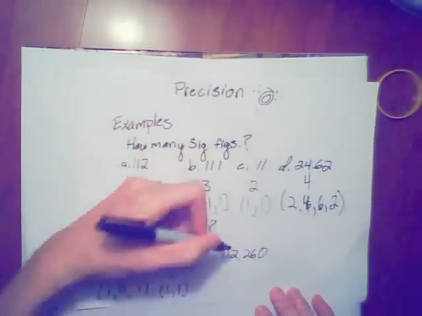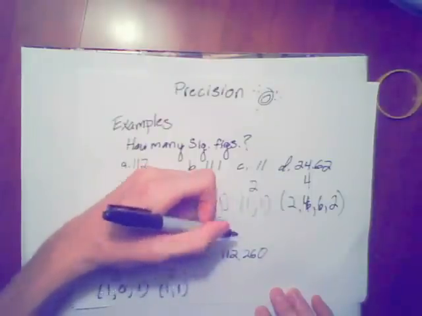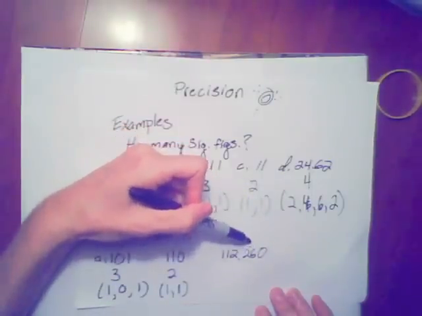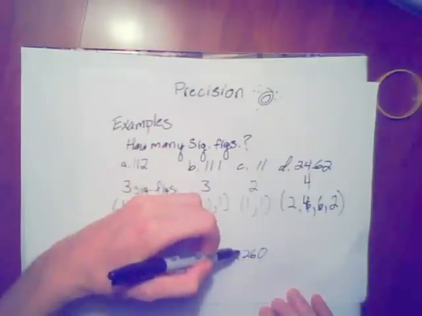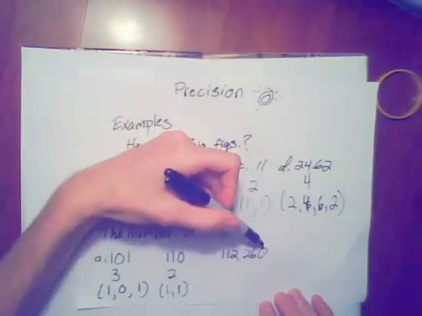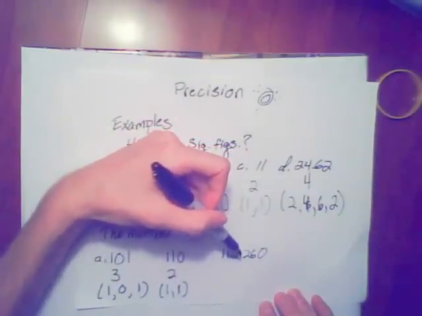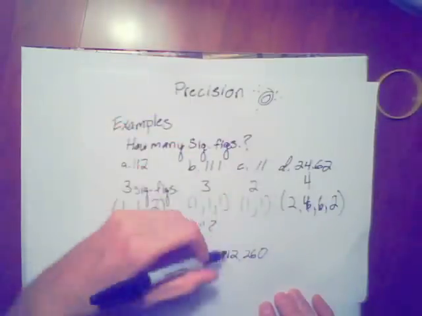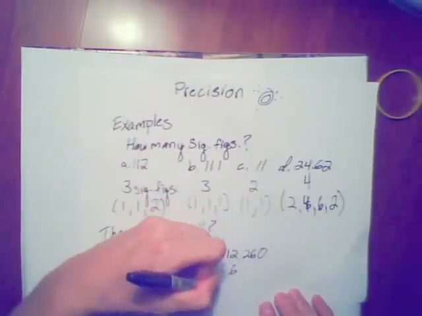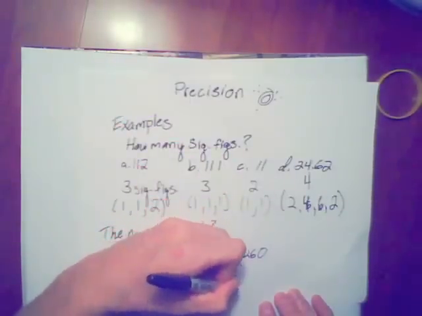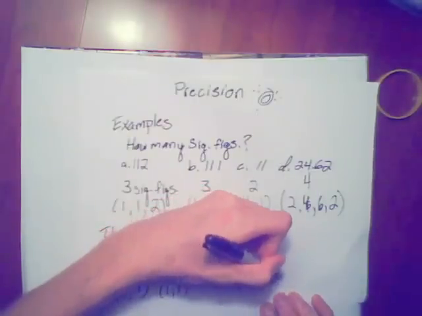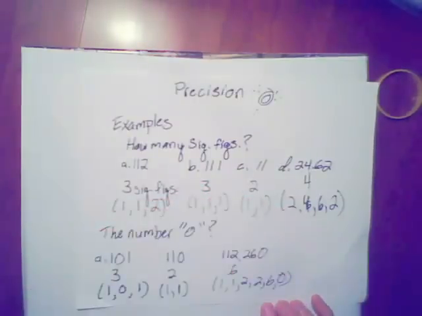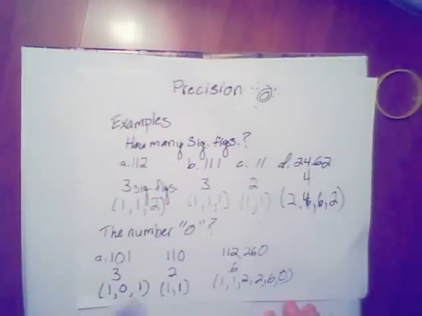Okay, we see that there are 1, 2, 3, 4, 5, and 6 significant figures because, again, the 0 is after the last number after the decimal point, which means it's significant. So we have 6, and we'll just go through this for completeness: 1, 1, 2, 2, 6, and 0.